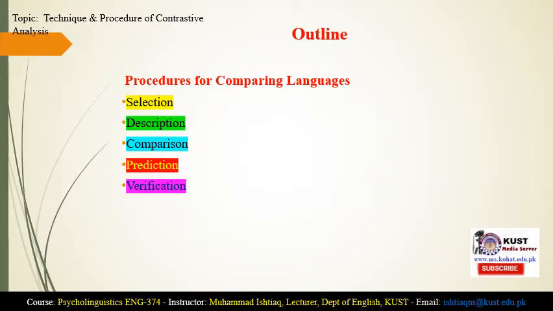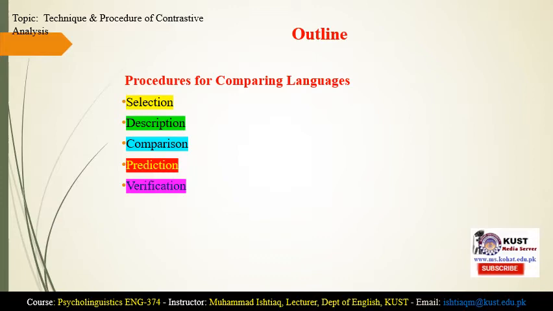languages. Number 3, then to compare certain items, certain rules, certain structures, or whatever level you want to compare the two languages, then comparison should be made. By comparison, we mean similarities between the two. We should also make contrast between the two. By contrast, we mean differences.